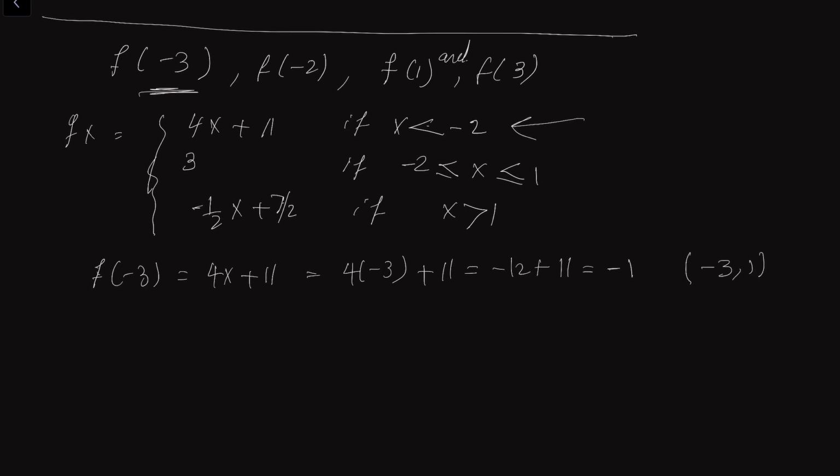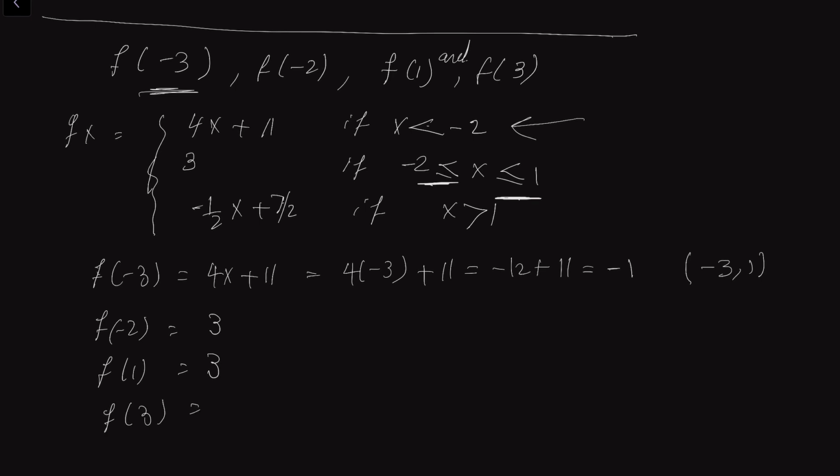Okay, and f of -2, we have it defined here. So f of -2 is, there is the y value, 3. Okay, and then f of 1, the same thing. f of 1 has a value of 3.